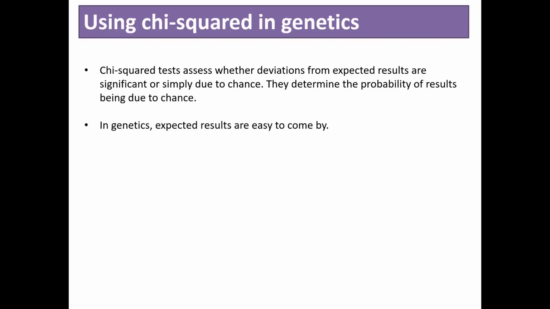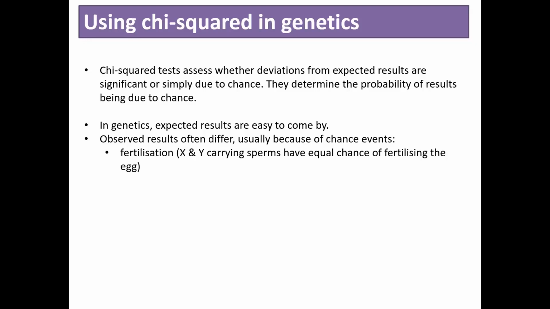In genetics, expected results are easy to get, but the observed results will be different. The major reason observed results differ is that these are chance events. In meiosis, independent assortment can happen and crossing over can happen, so there are a lot of ways genetic variation can occur.